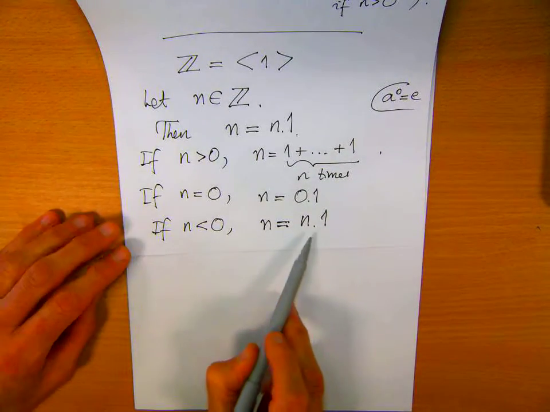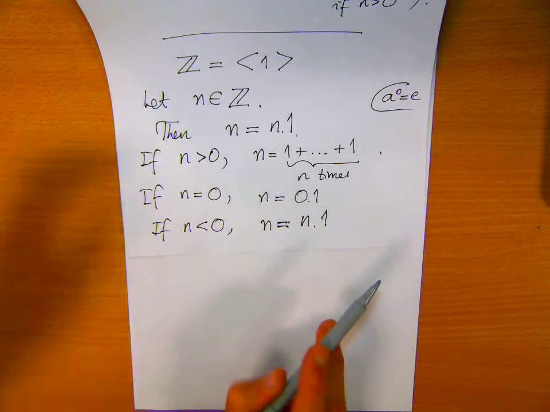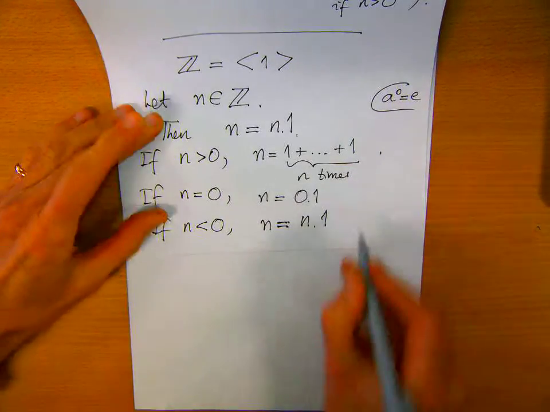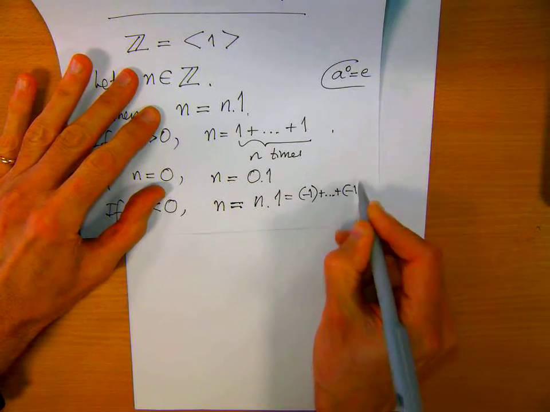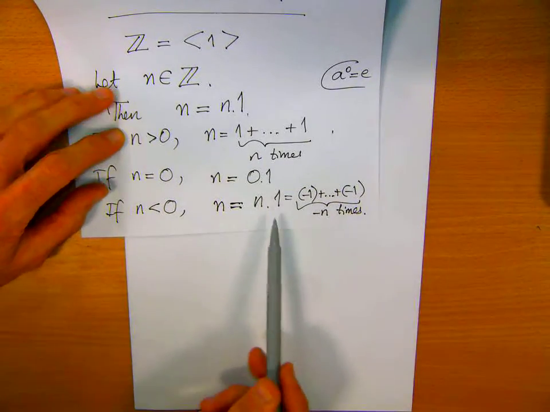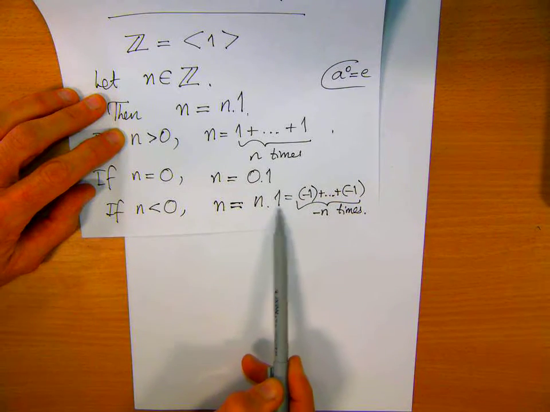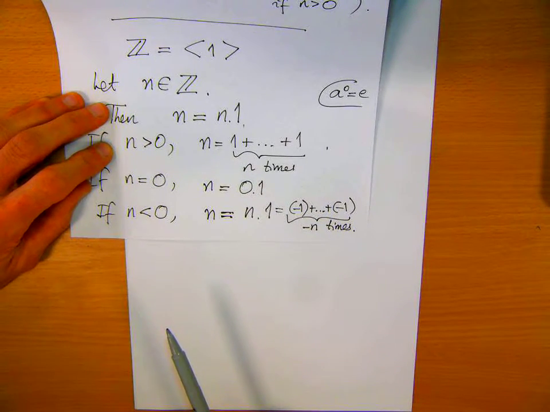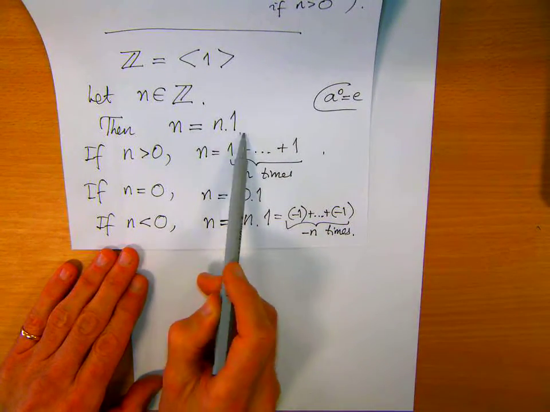By definition, what I mean by n times 1 where n is negative is we just do minus 1 plus minus 1 plus minus 1, minus n times. That's the definition of what n times 1 means if n is negative. We just do the inverse of 1, minus n times.